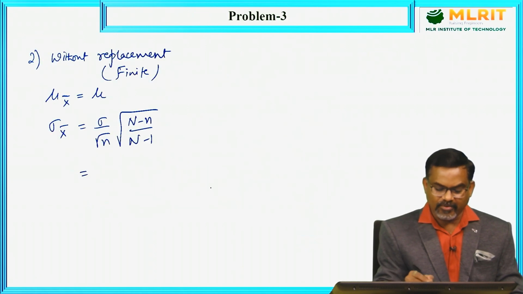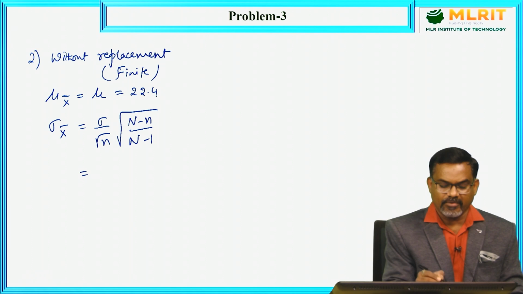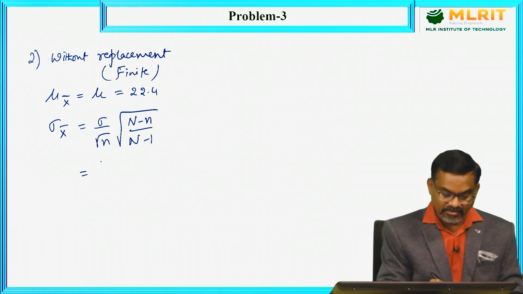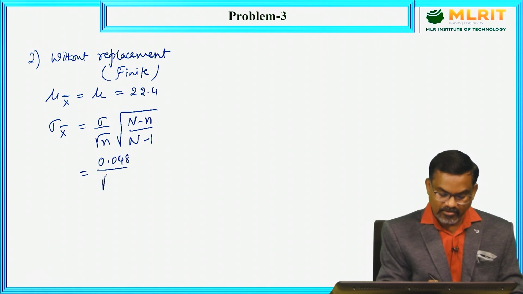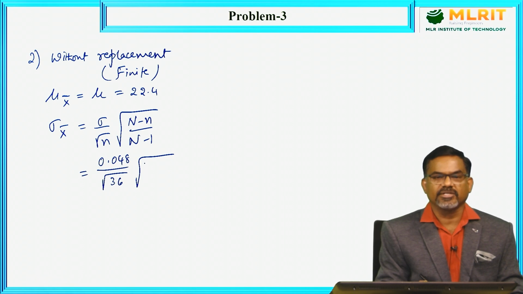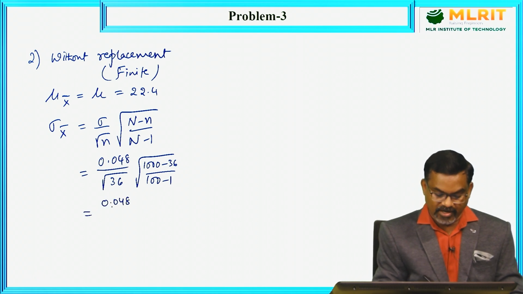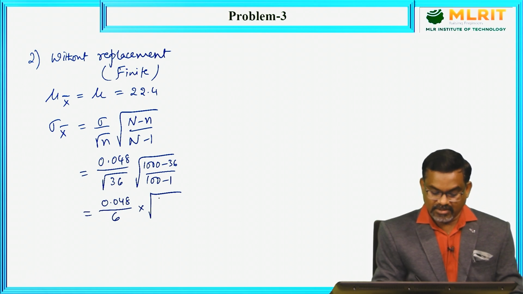Mu is 22.4. Then sigma is 0.048, divided by root 36, and capital N, the size of the population, is given as 1000, so 1000 minus 36 by 1000 minus 1. So this is 0.048 by 6 multiplied by root 964 by 999, and this value was calculated in the previous case.